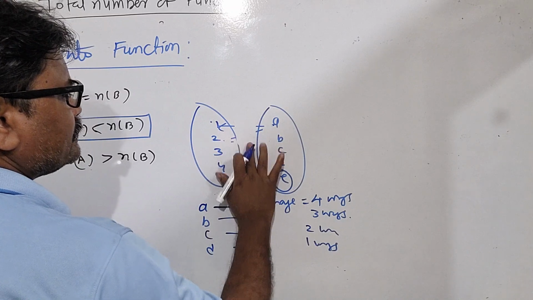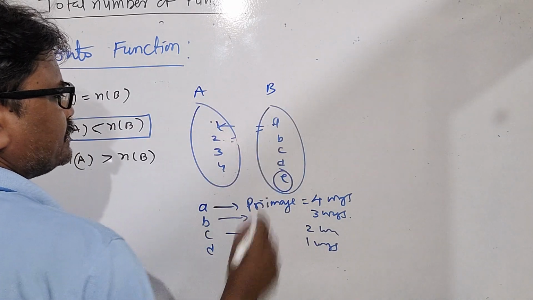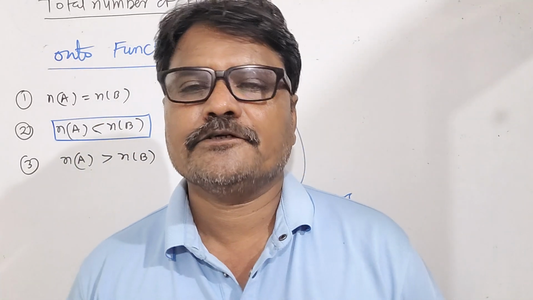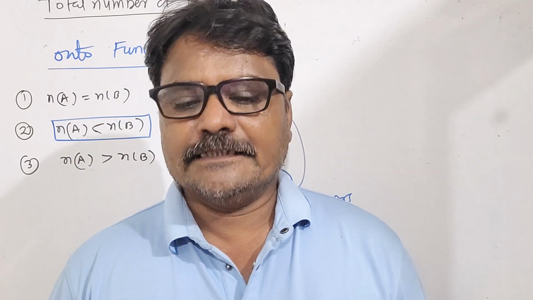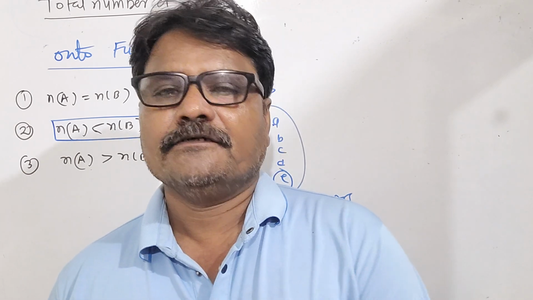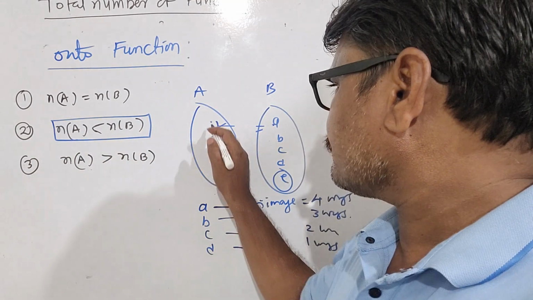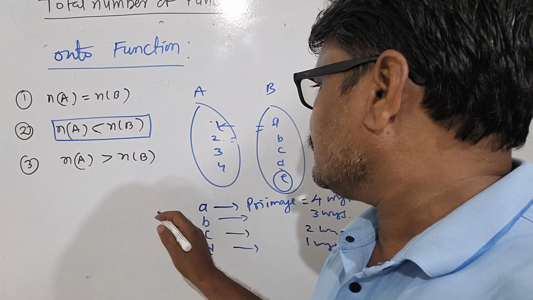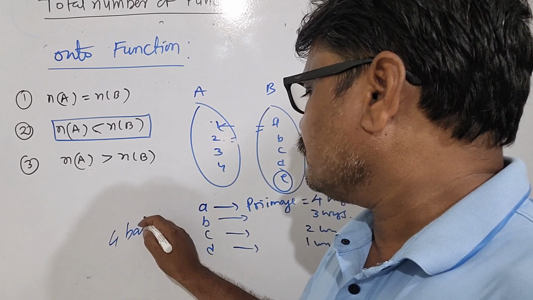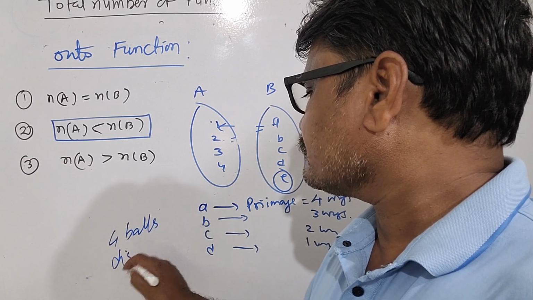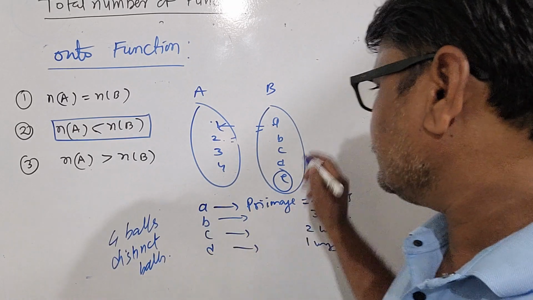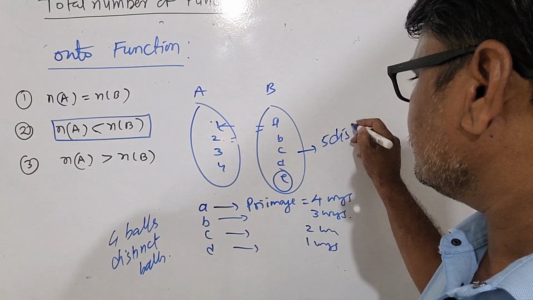Now this is set A and this is set B. In fact, calculating the total number of onto functions is equivalent to the distribution of distinct objects. For example, these are 4 distinct balls, and these are 5 distinct boxes.